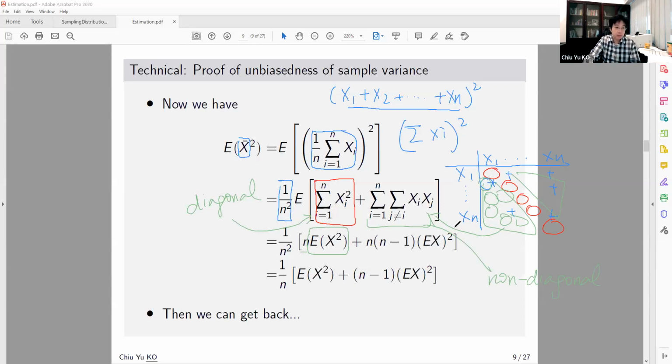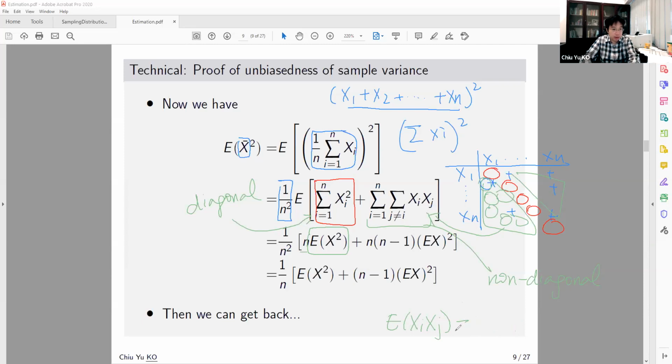And what's this? The product of them. You can put the expectation inside the sum, so this is the expectation of xi xj. Because they are independent, it will be the same as this one.